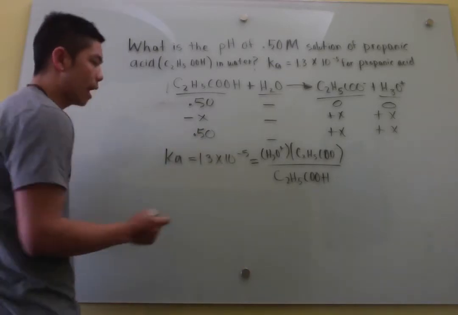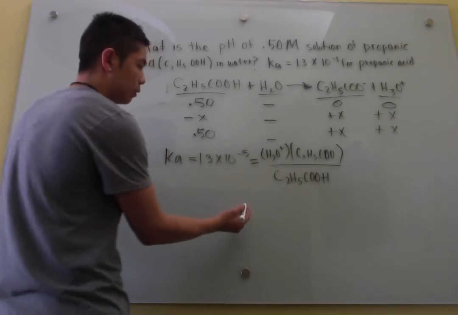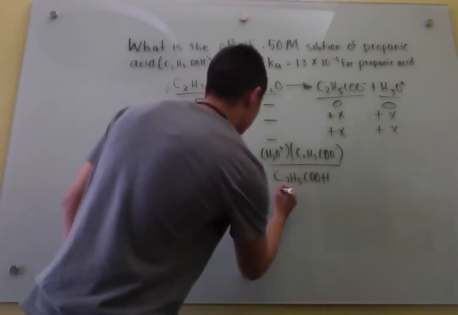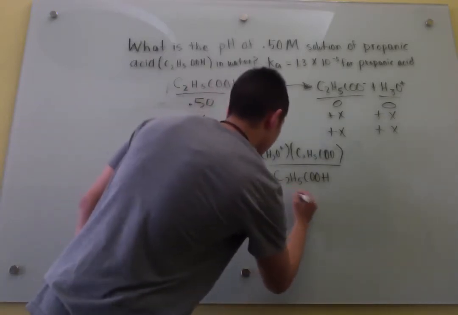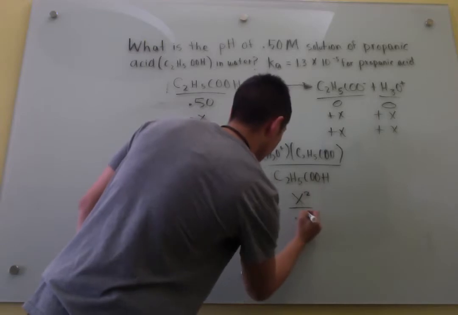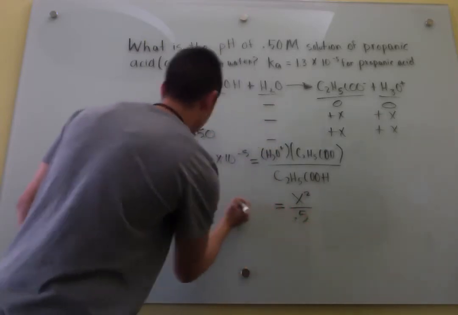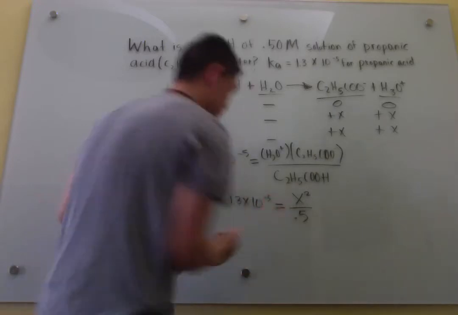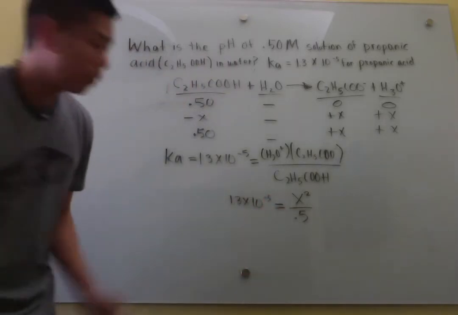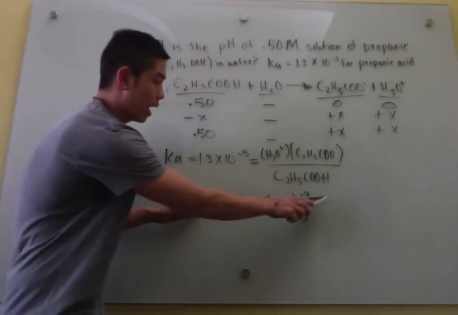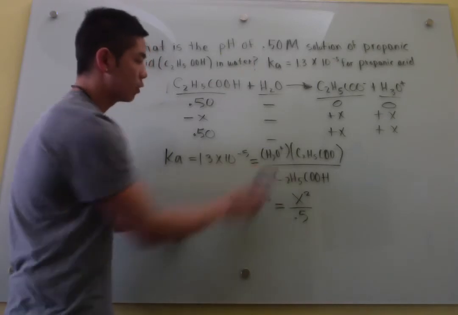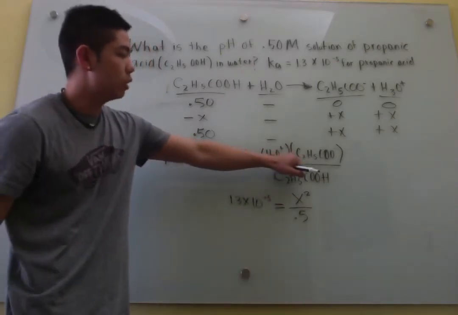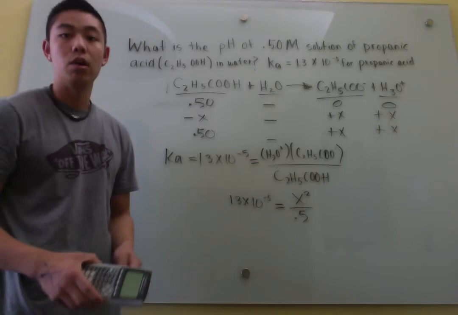And so what we're going to want to do here is it's going to be x squared over 0.5 is going to be equal to 1.3 times 10 to the negative fifth. And so from here, we can solve for x, and we know that H3O plus concentration is going to be equal to C2H5COO minus.